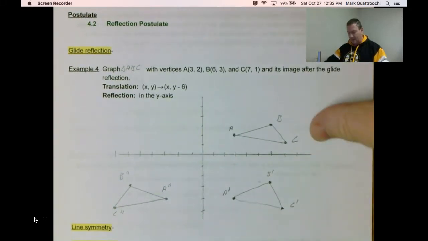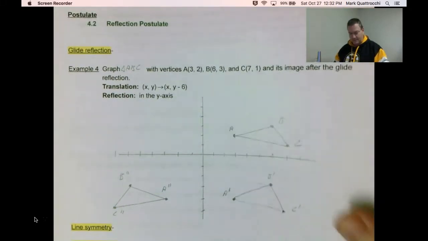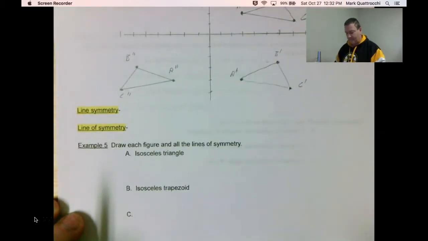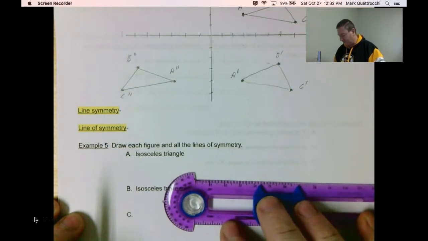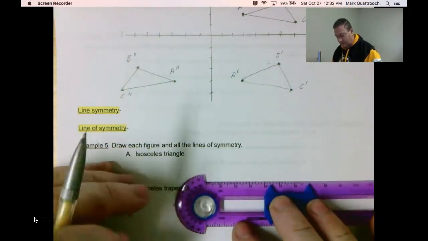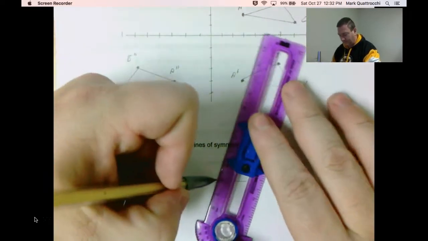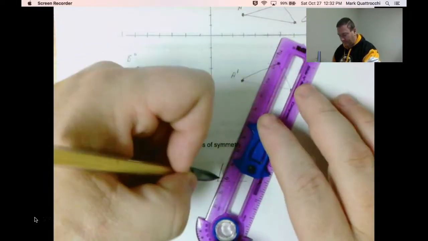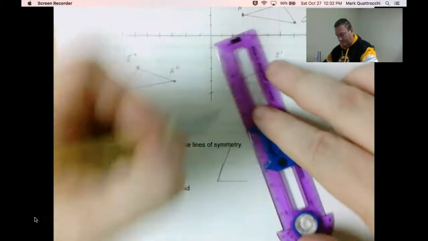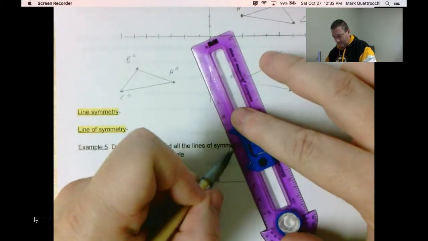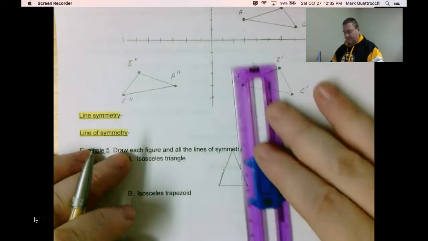Okay, now example 5. We have an isosceles triangle, and the picture didn't come out, so I'm just going to draw one. There's our isosceles triangle.